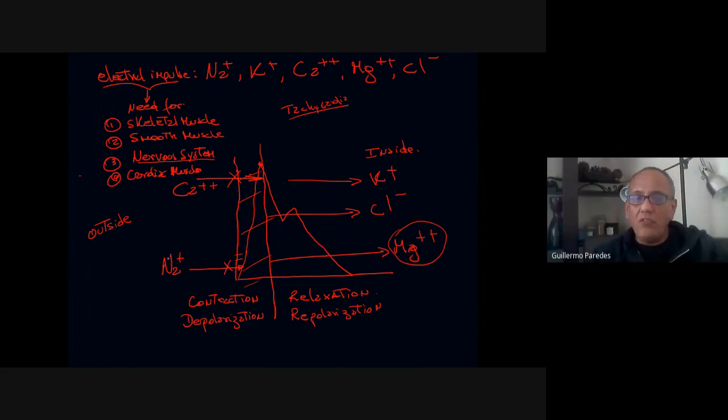Because you are losing sodium. You are losing sodium and potassium as well when you are sweating. So what happens? The tennis players are going to start having cramps. Why?